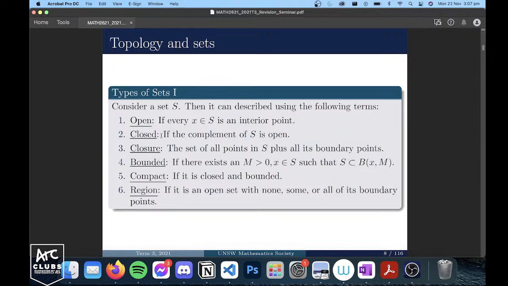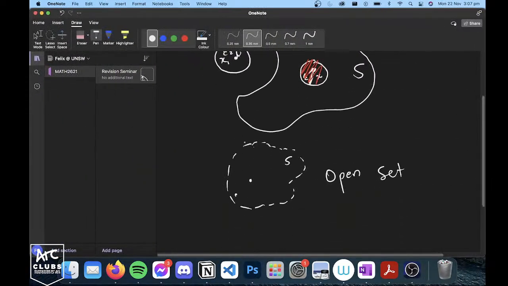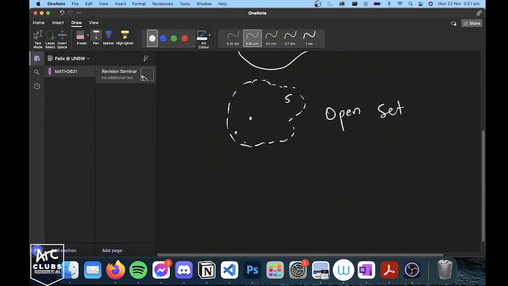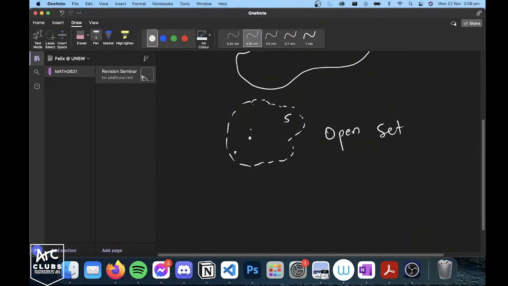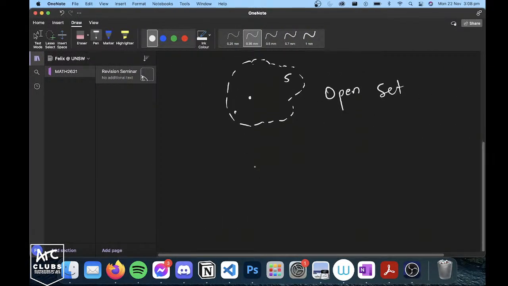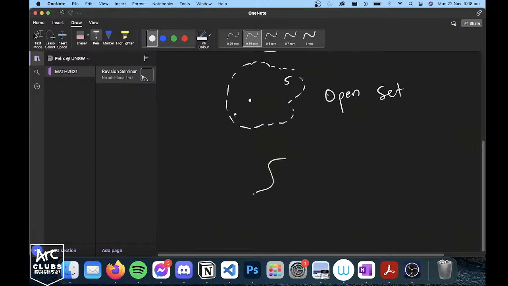Yeah, and then we have a closed set, which is basically the opposite of an open set. You can think of it like that. More formally, it's if the complement of S is open. So I guess the complement of this open set. Actually, no, we'll draw a new one. So it's something like this.